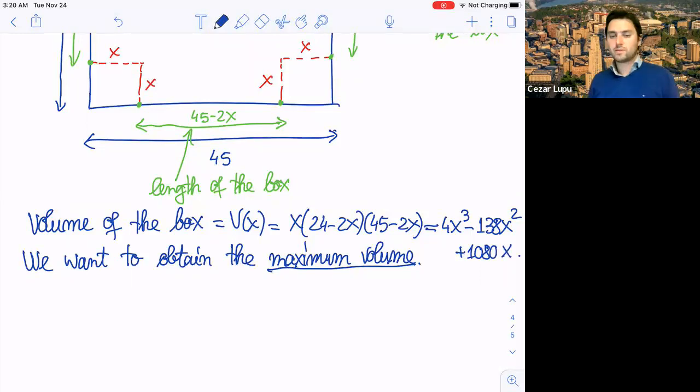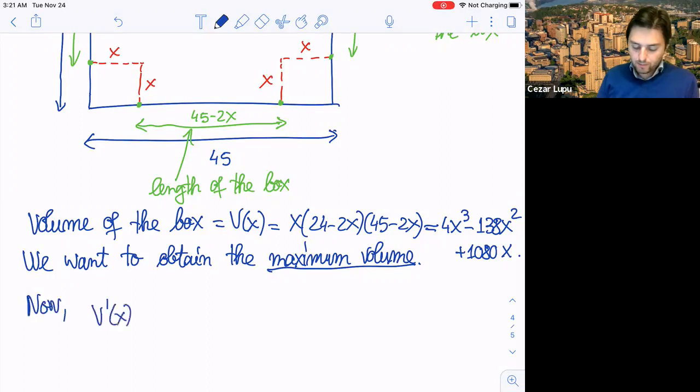Yeah, according to the notes, this is what it is. And now the derivative. Now v prime of x is nothing else than just 12x squared minus 276x plus 1080.